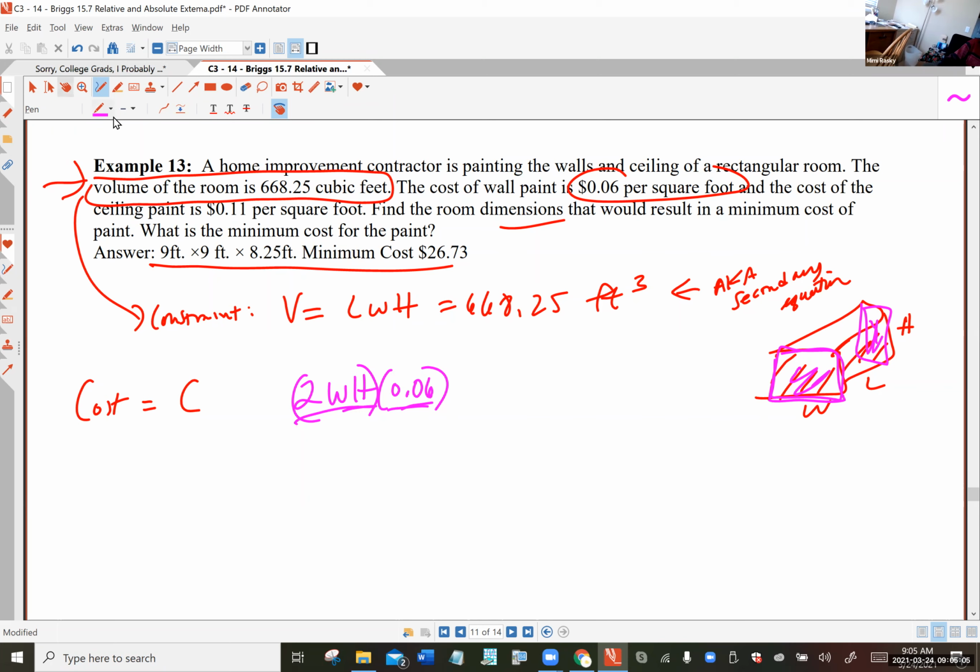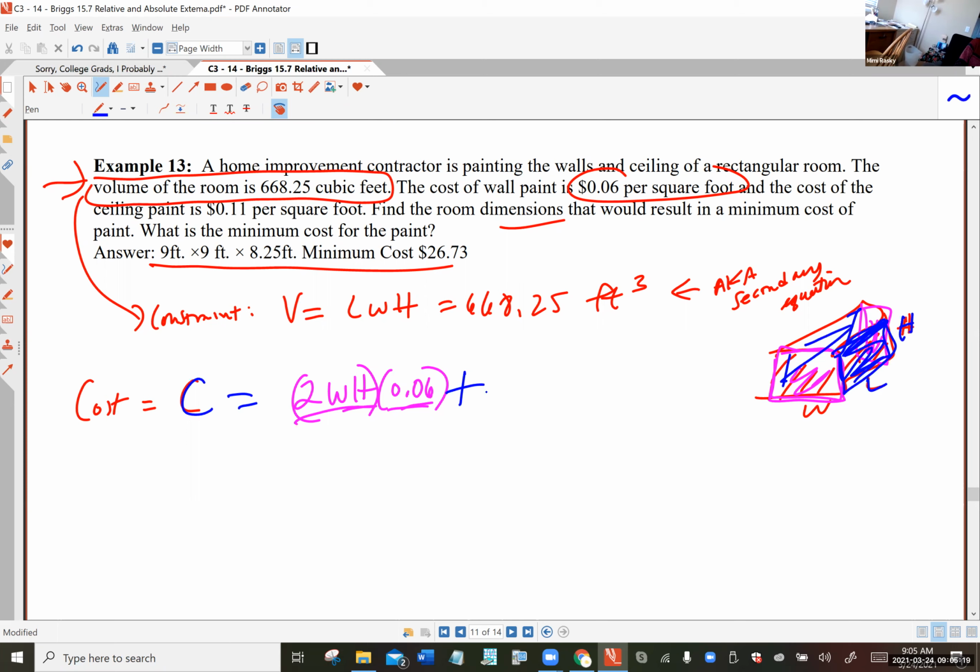So this is our cost function here. Plus, now we're going to paint this side wall right here, which has area length times height, but there are 2 of them because you've got the back side over there. So 2LH of those still costs 6 cents per square foot to paint because it's the walls.